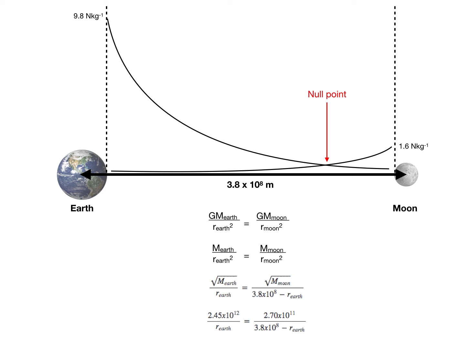The bottom equation gives me the square rooted values for the mass of the Earth and the mass of the Moon. So I've already substituted those two masses in and square rooted them, which means I've got rid of the squared on both of my distances on the bottom of the fraction.